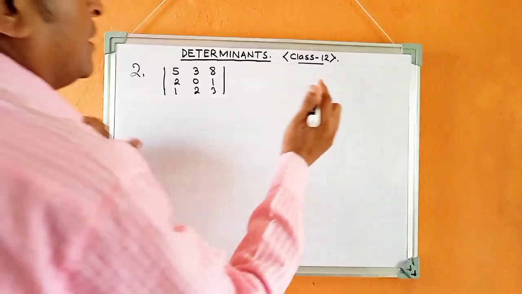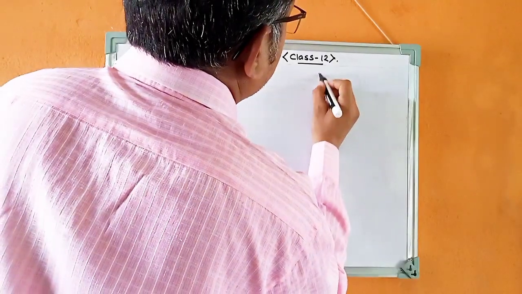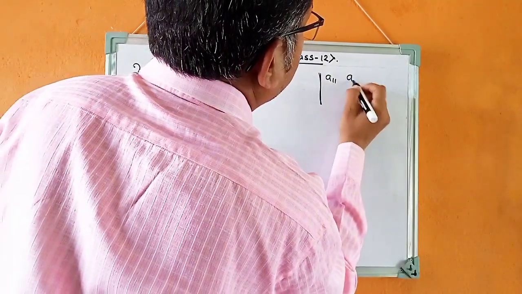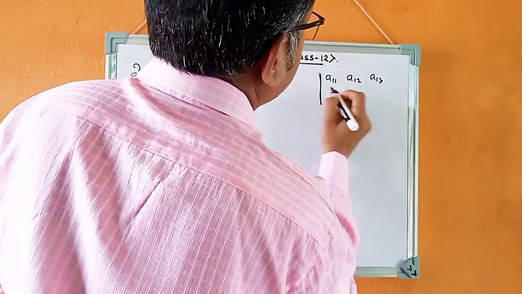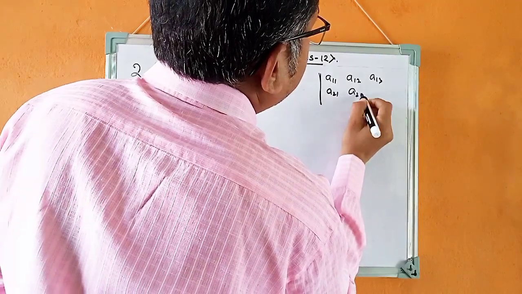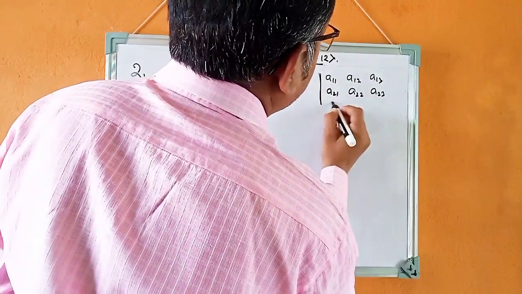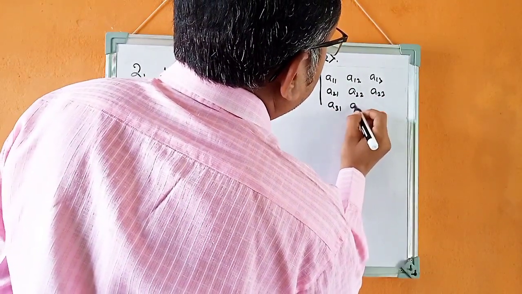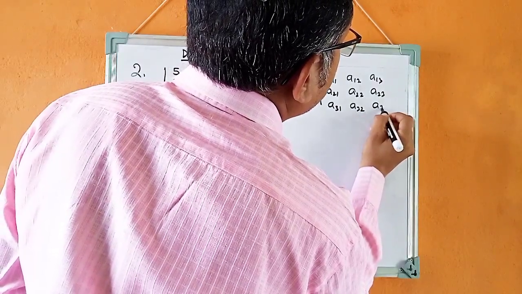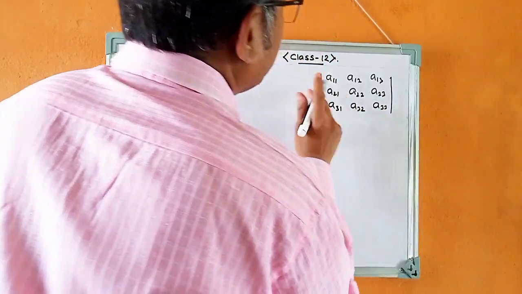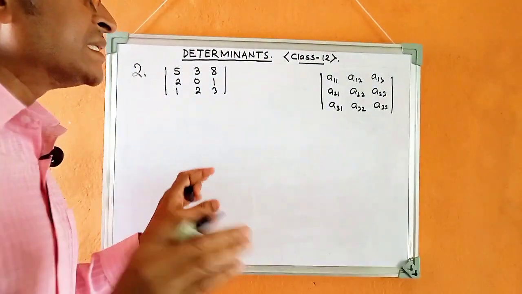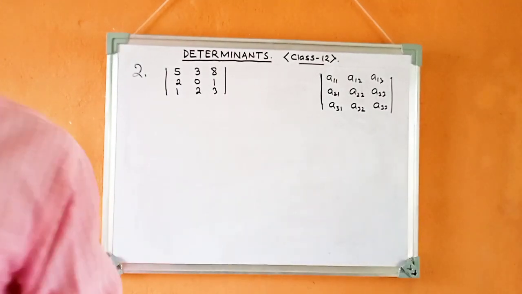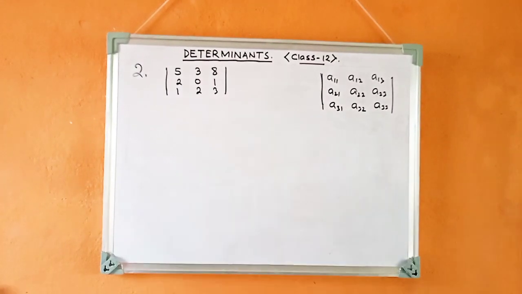Now see, we write the same using elements a11, a12, a13, then a21, a22, a23, then a31, a32, a33. Using the second row, the cofactors of the elements of the second row.